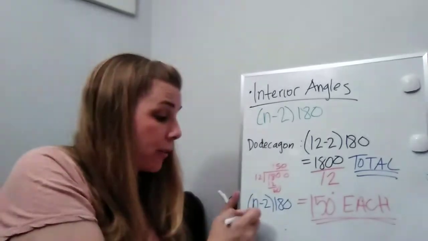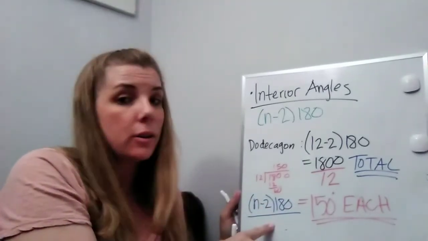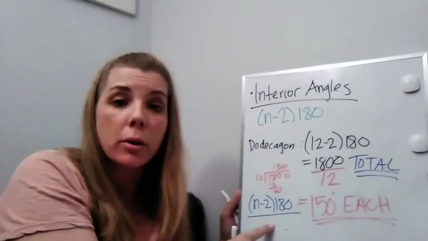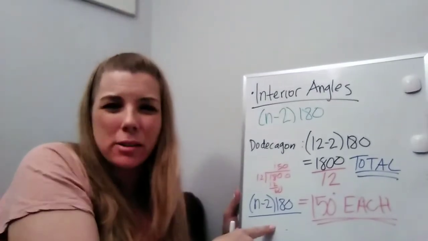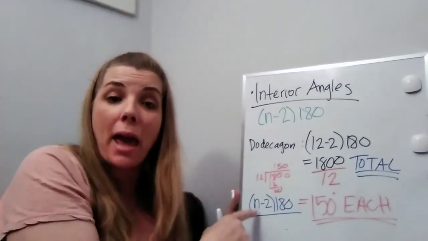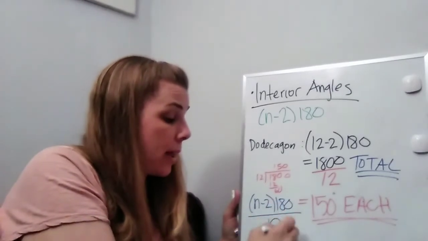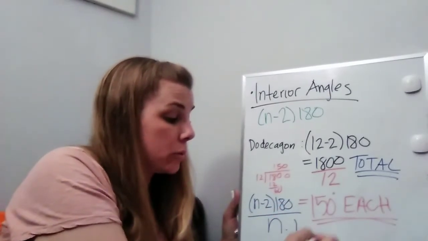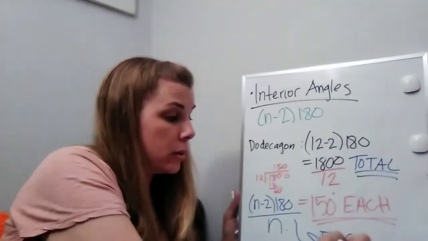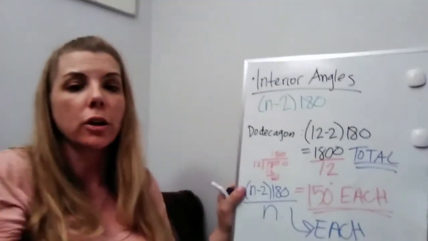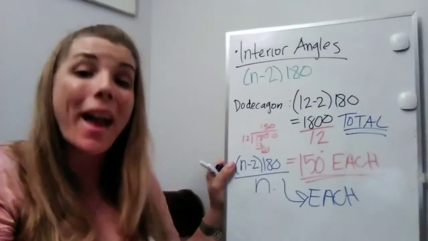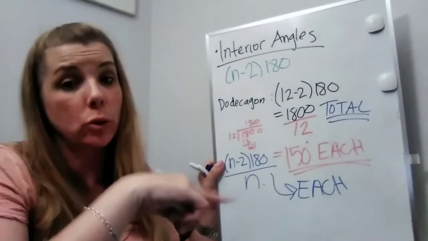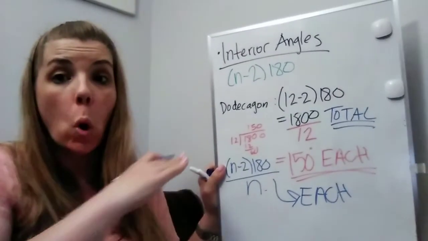So they want to divide by 10. No, you're dividing by the total number of sides or angles, it's going to match, of the polygon. So it's going to be n minus 2 times 180 divided by n. That will get you your each. Each for a regular polygon only.